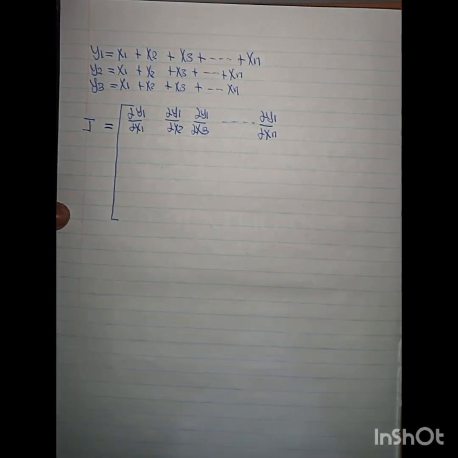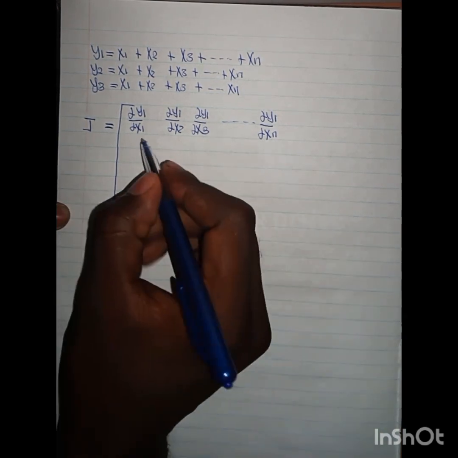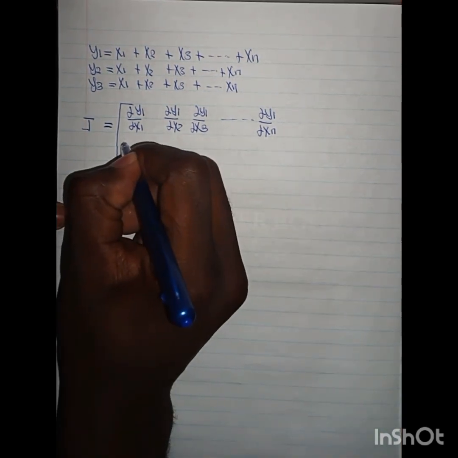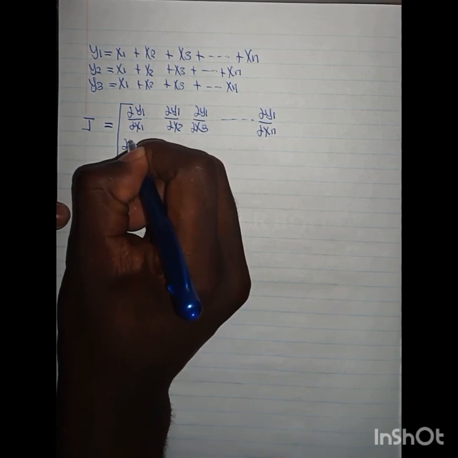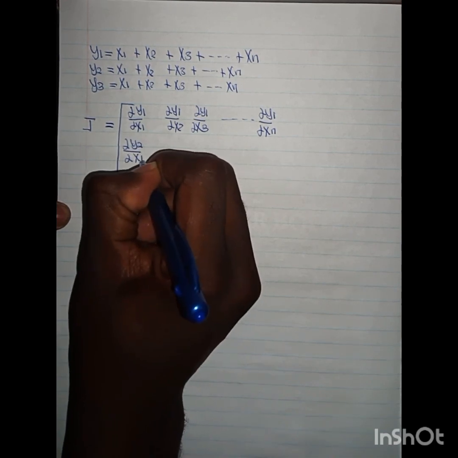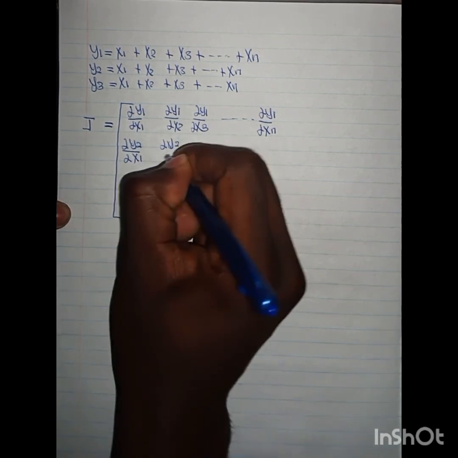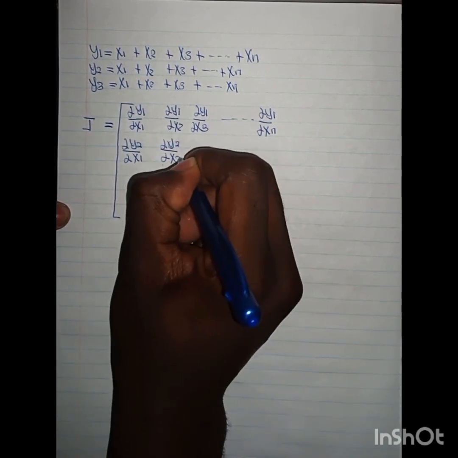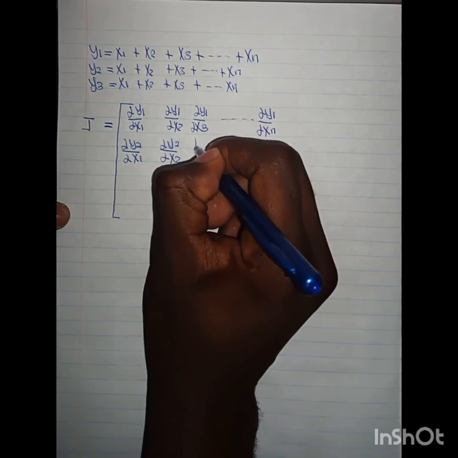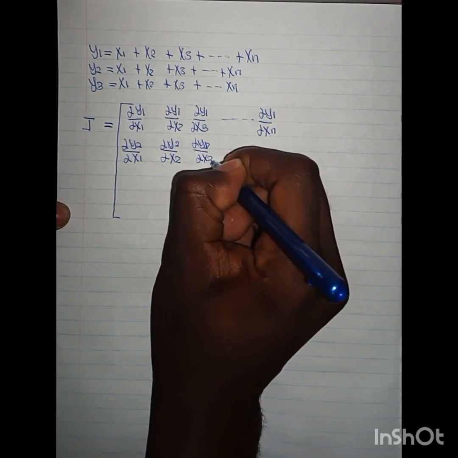Here n can be any number up to which the equation can run. And then in the second row, we are going to have the derivative of y2 with respect to x1 in the first column, then in the second column the derivative of y2 with respect to x2, and in the third column the derivative of y2 with respect to x3.